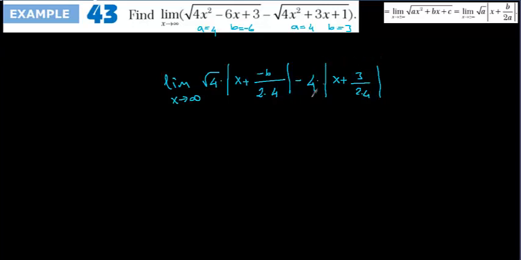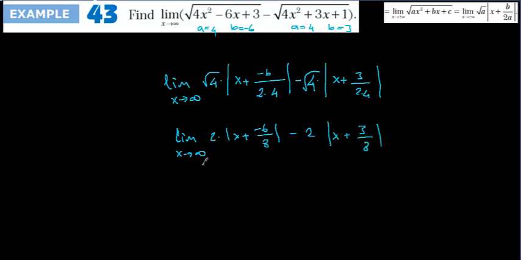Okay, then it's going to be equal to 2 here, since root of 4 is equal to 2, the limit as x tends to infinity of 2 times x plus minus 6 over 8. There's no need to simplify because we are going to simplify later. Then minus 2 times, this should also be root of 4 but I forgot, 2 times absolute value of x plus 3 over 8.